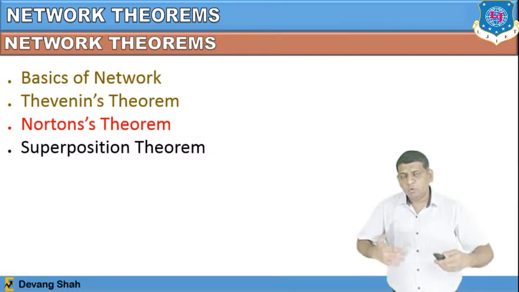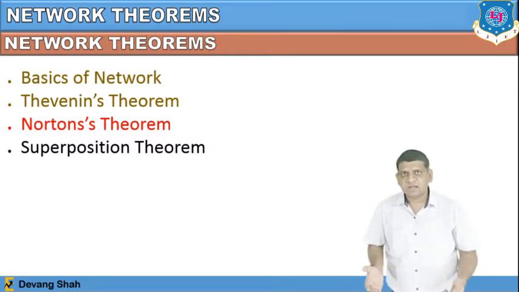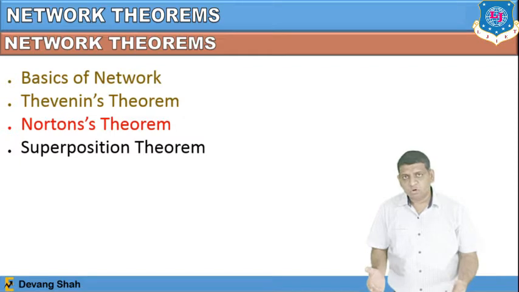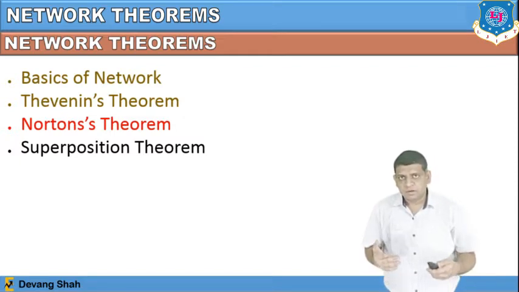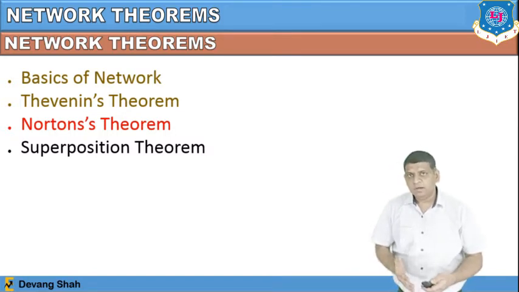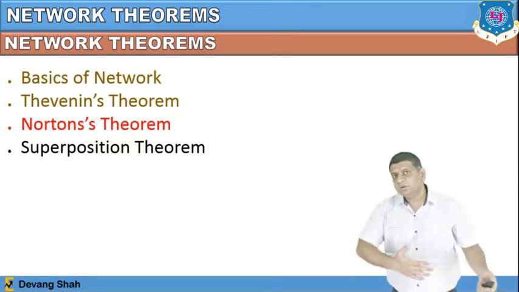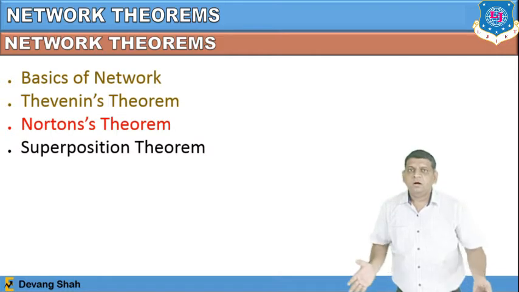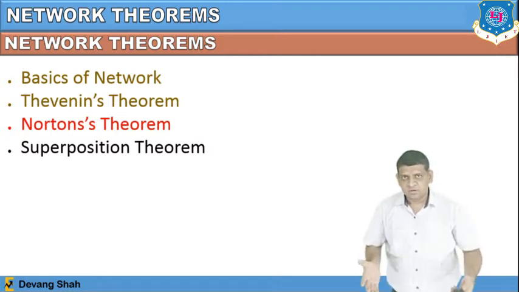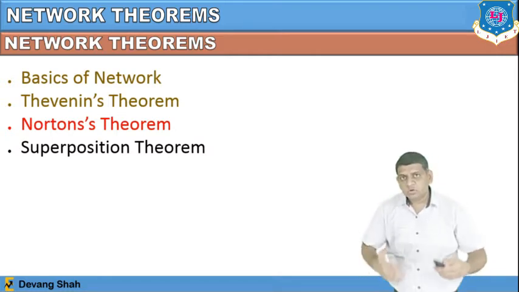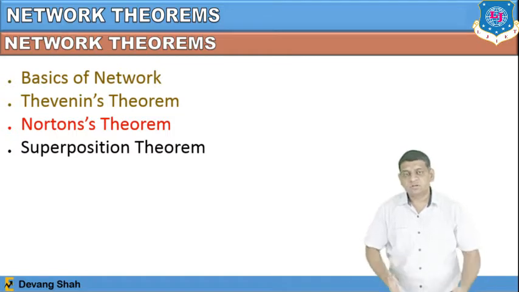Let's say there are many resistors connected in a circuit along with various kinds of voltage sources and current sources, dependent and independent. For a particular resistance, if we want to find the voltage drop or the current passing through it, we can find it using various methods. Those methods we define in terms of the circuit theorems.